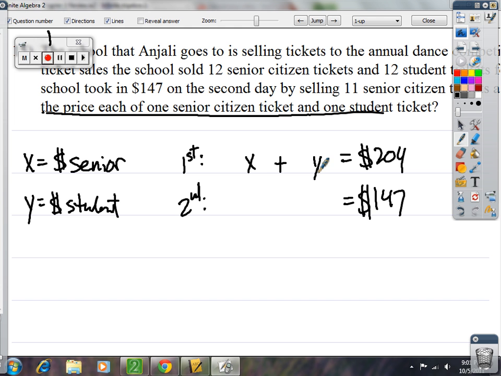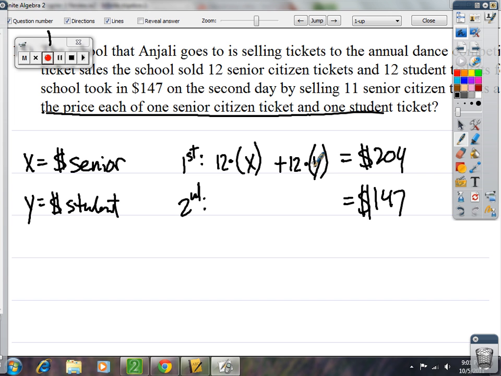To find out how much money they brought in from seniors, I don't know that, but I do know that they sold 12 tickets. So I'm going to do 12 times whatever the cost. X is the cost, so whatever the ticket cost, I times it by 12. Y is the student, and they sold 12 kids also. So whatever the cost of Y is, I'm going to times it by 12.